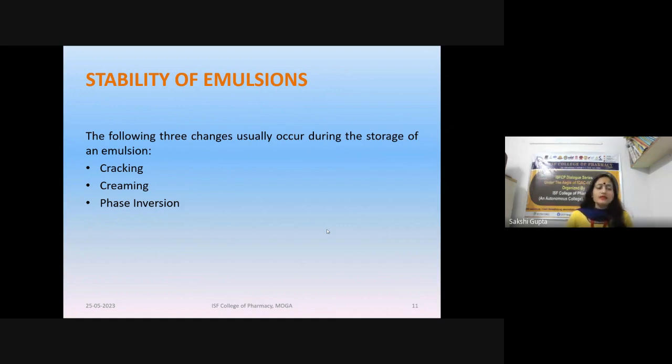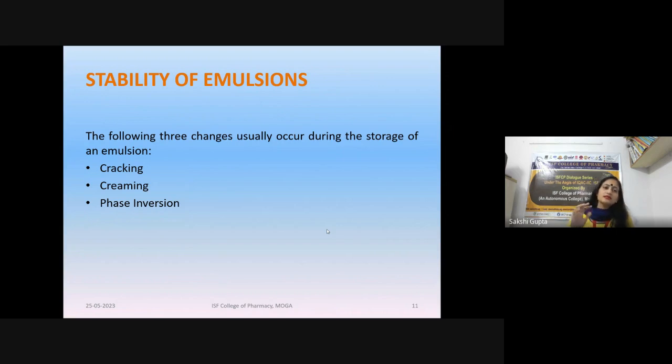So cracking, what does cracking mean? Cracking means the oil and water, both the phases, will separate completely, right? This is known as cracking. And in creaming, what happens? The dispersed globules make an upward movement, they make a thick layer on the surface of the emulsion, and a cream-like structure is formed, right?